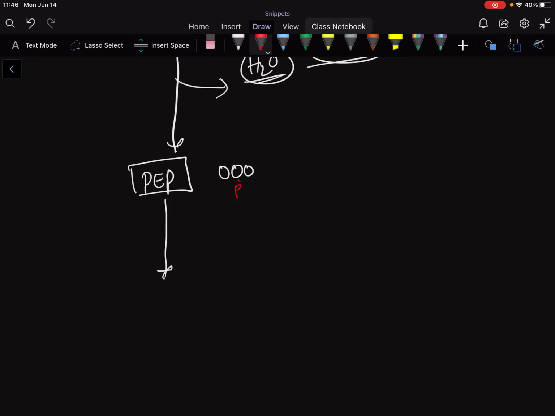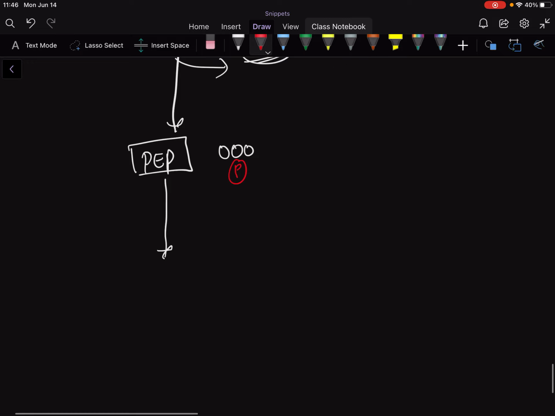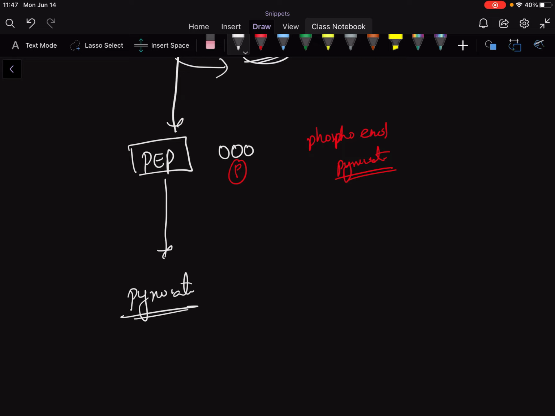The phosphate is on here. Okay, so PEP, or phosphoenol pyruvate, is getting converted into pyruvate by the enzyme, yes, pyruvate kinase.